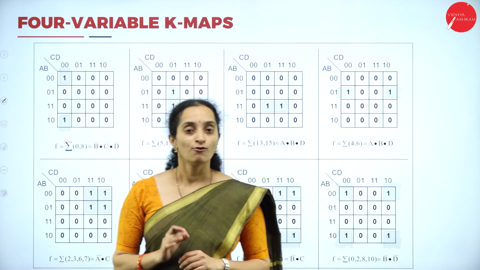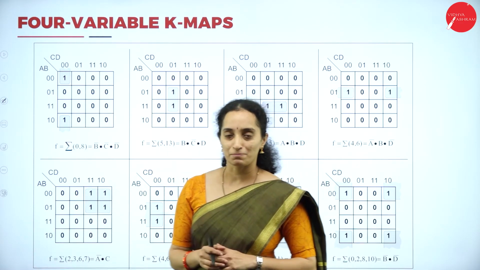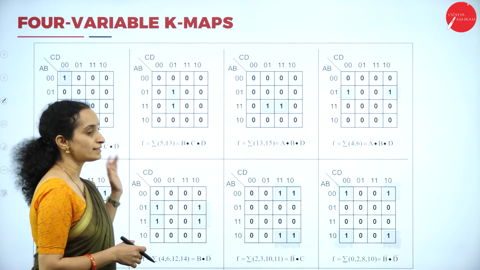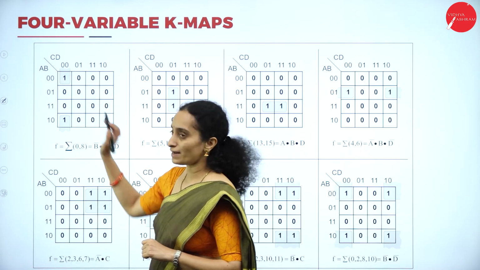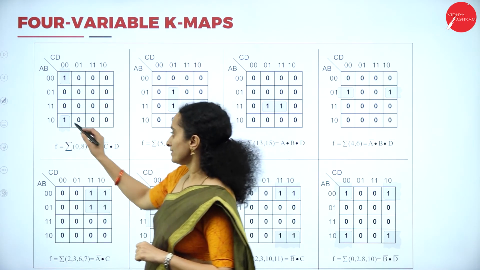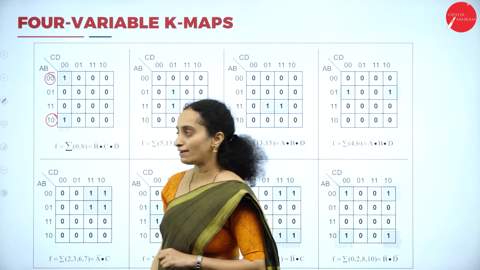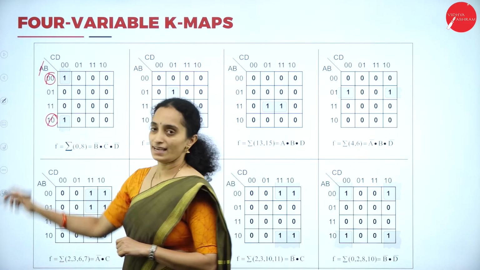Now we have 4 variable mapping. Okay, we have again 8 examples of 4 variable K-map. In this, let's take the first example. First example has 2 ones. Check with these values. A is cancelled.